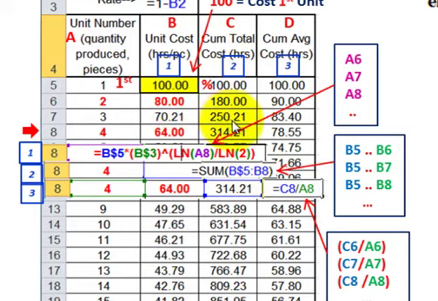Again, we're dealing with row 8 here, or that unit number 4. And then finally for column D here, the cumulative average time per unit here. Again, we're dealing with 8 here. All you're going to do is have in this column D an equals sign, C8 divided by A8. That's for that particular row here.